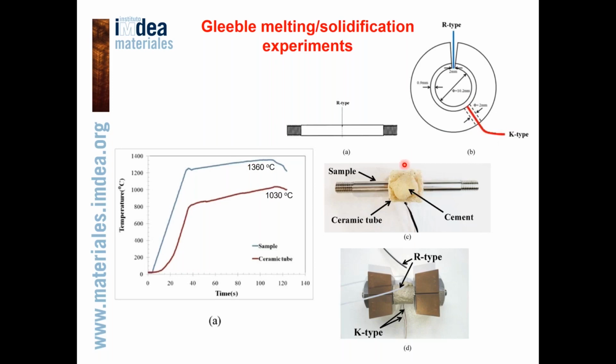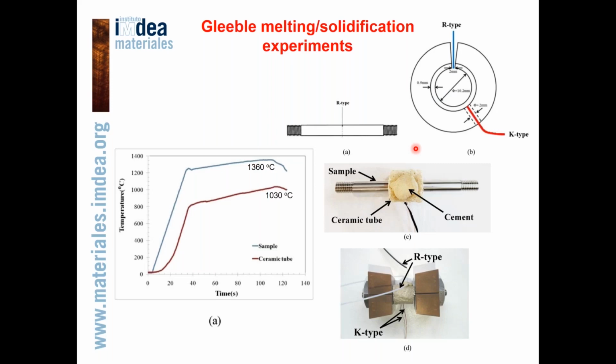The end of the thermocouple is very close to the inner surface of the ceramic tube, or in other words, close to the hot sample. We weld the controlling thermocouple to the sample, and we run melting solidification experiments.